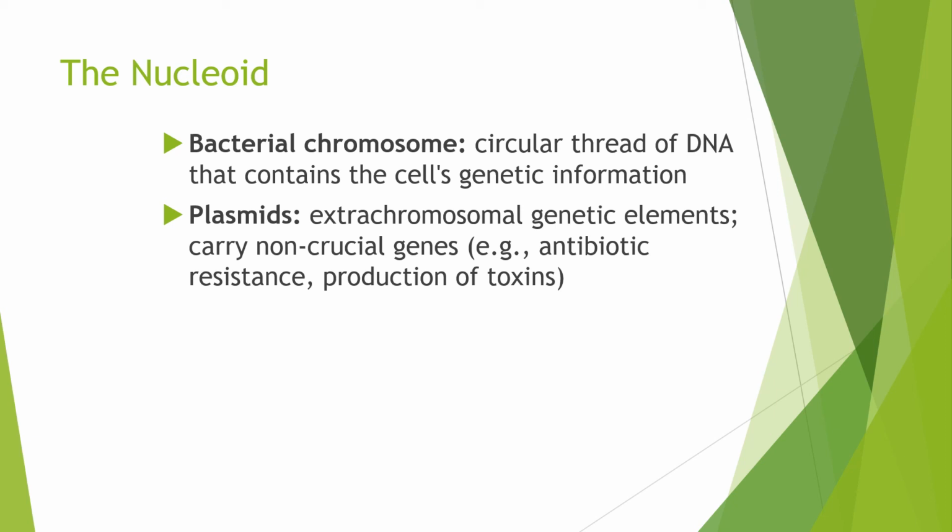Those plasmids can even be transferred from one bacteria to another, again, via those pili that we've talked about previously. And so those plasmids are pretty important, and they are definitely beneficial if a bacteria carries them.